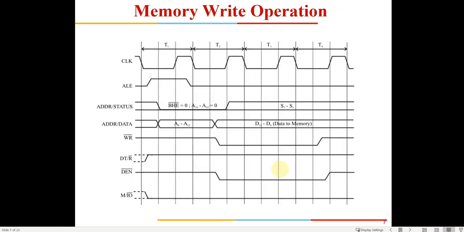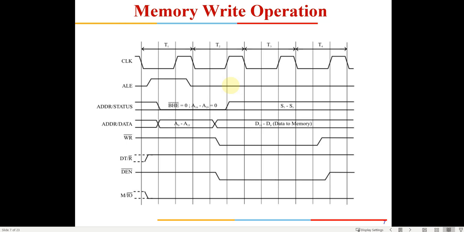Okay. So what is an opcode fetch? When we write a program, it is stored in memory locations, right? So 8086 first points the IP counter towards that memory location, and that code is fetched and decoded and kept in the queue. All right.